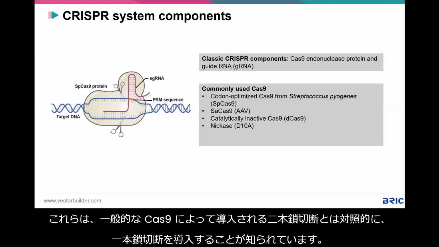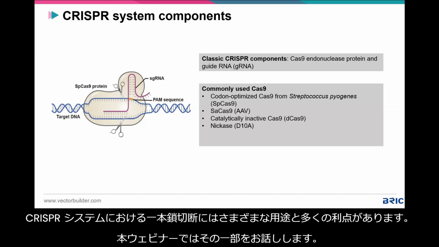They are known to introduce single-stranded breaks as opposed to the double-stranded breaks introduced by your typical Cas9. And single-stranded breaks in a CRISPR system have a whole range of applications and a lot of advantages, which we can talk through a little bit today in the presentation.